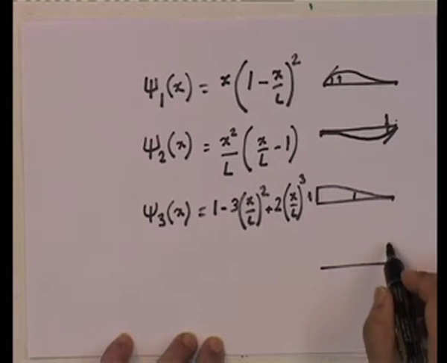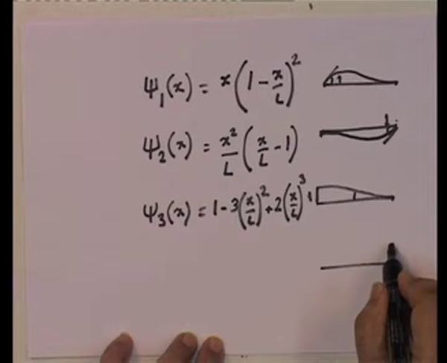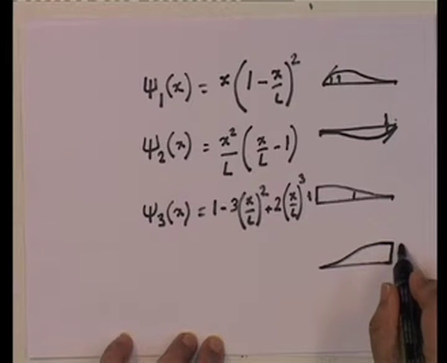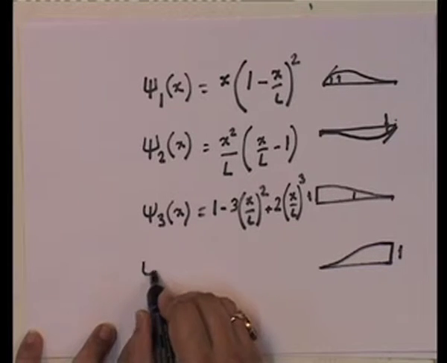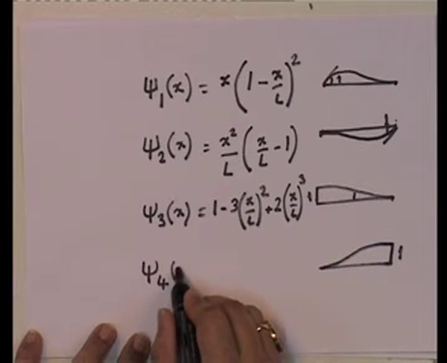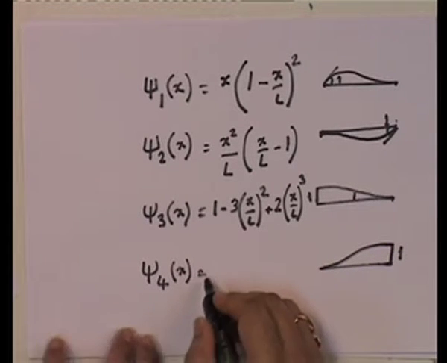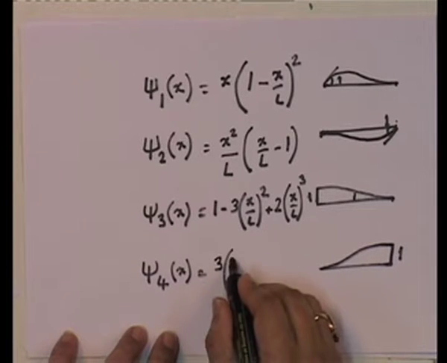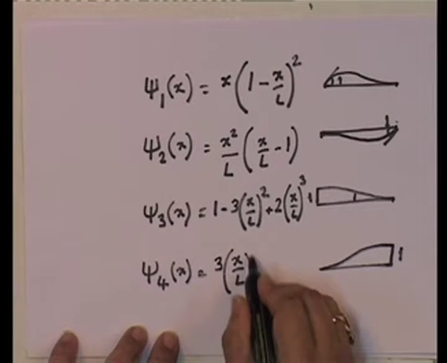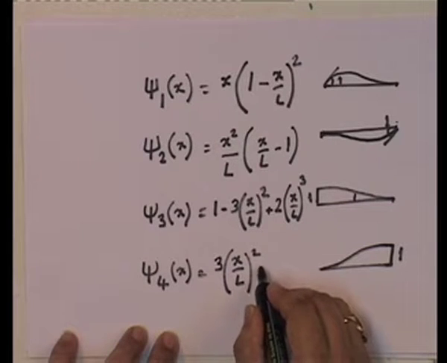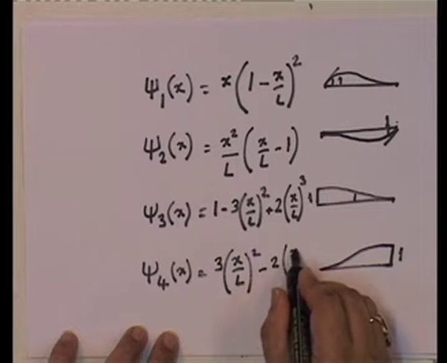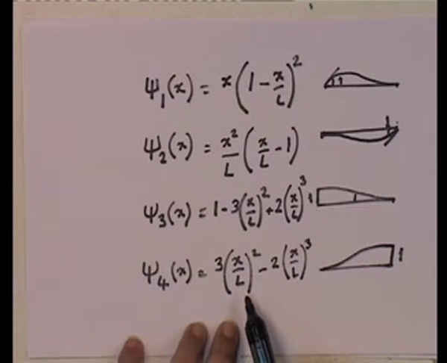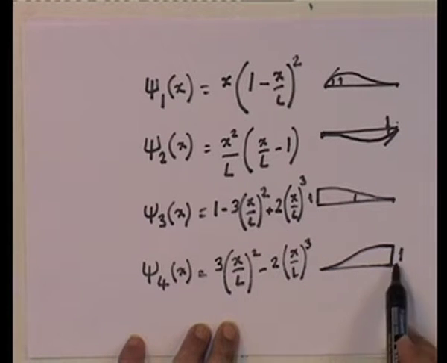Okay? Again, if we look at this particular one, this is in this fashion 1, and this is xi 4. Xi 4 x is equal to 3 x upon L squared minus 2 x upon L cubed. If you put x equal to L, you will see this is equal to 1.